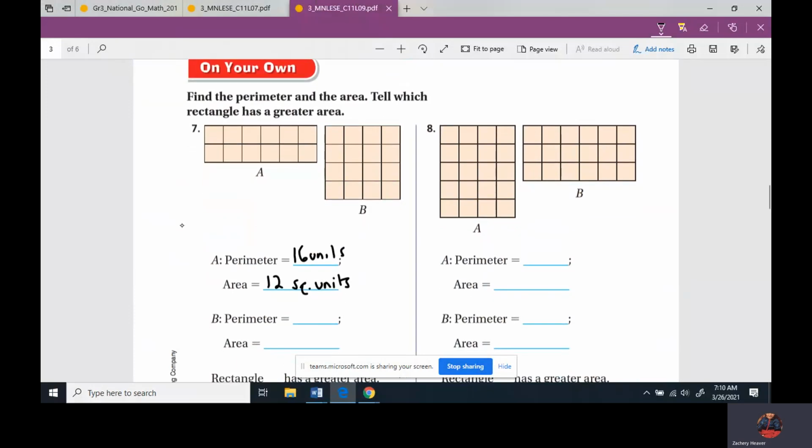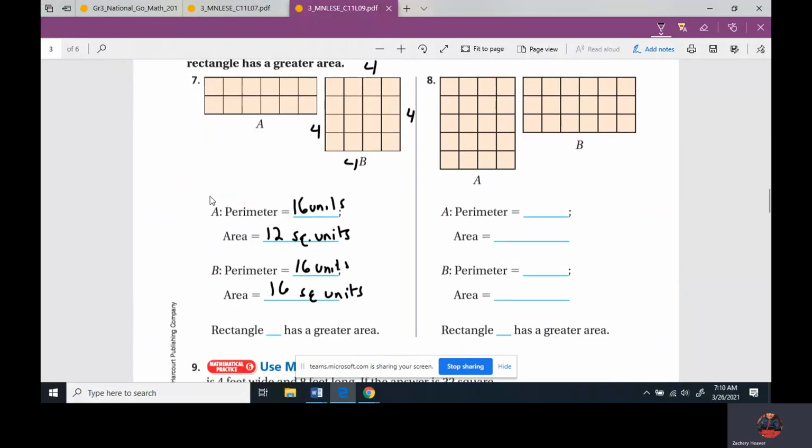B, 1, 2, 3, 4, 4, and 4. So 4, 8, 12, 16 units. The area, 4 times 4, 16 square units.